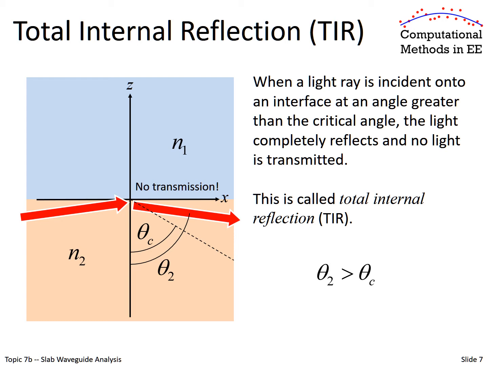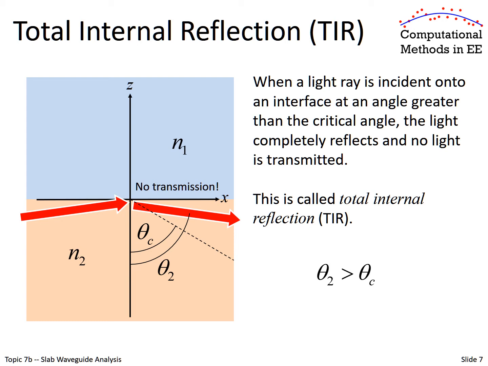If the wave is incident from the bottom, but at an angle larger than that critical angle, remember that's in this cone of angles, that there was no possibility in the first region to create in the second region. So when that is the case, we get something called total internal reflection, and that incoming wave will totally reflect from an interface.